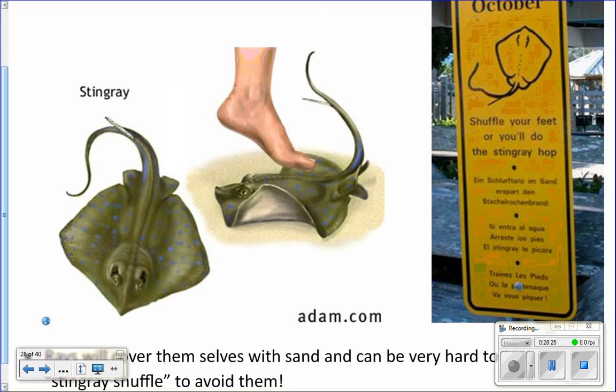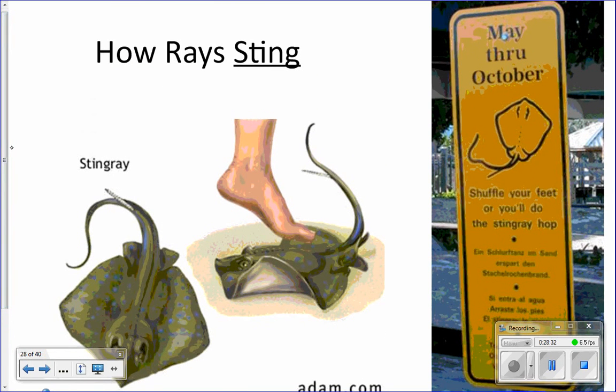If you're at a beach and you see a sign that looks like this, it says May to October. It says shuffle your feet or you'll do the stingray hop. What that means is that if you're walking in the water, rays are benthic, so they'll cover themselves in sand so you can't see them. So if you're walking in the water, you need to drag your feet, because as you drag your feet, that gives the ray warning that you're coming, and it'll sense that you're coming and swim away.